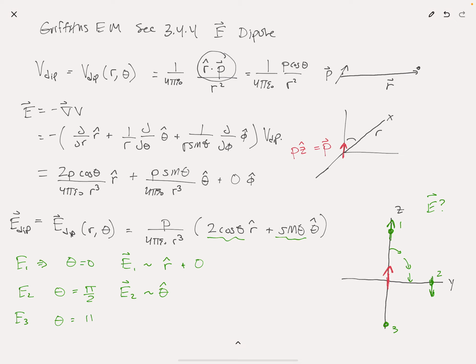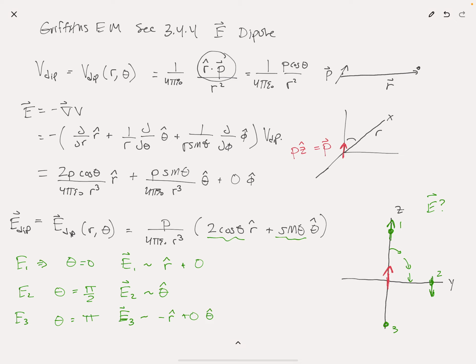Theta here is going to be equal to pi. Cosine of pi is minus 1, so I have something in the minus r hat direction, and nothing in the theta hat direction.